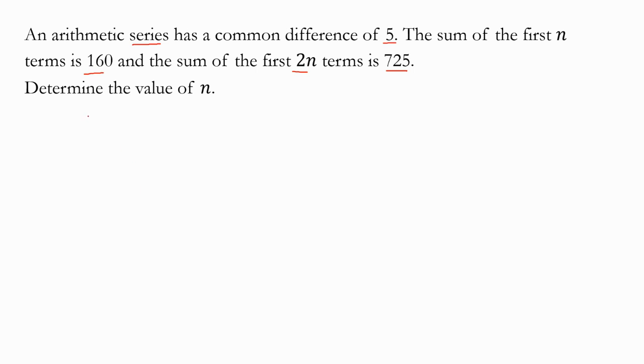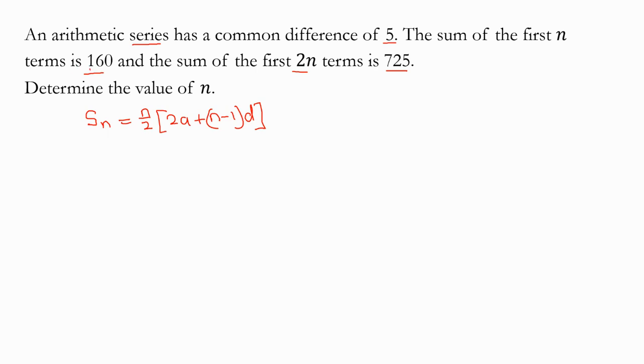Right. And then now it's an arithmetic series, so we're going to use the formula Sn is equal to n over 2 times (2a plus (n minus 1)d). Okay, like that. So now we have to substitute, because they said the sum of the first n terms, and the common difference is 5. So everything else is fine.